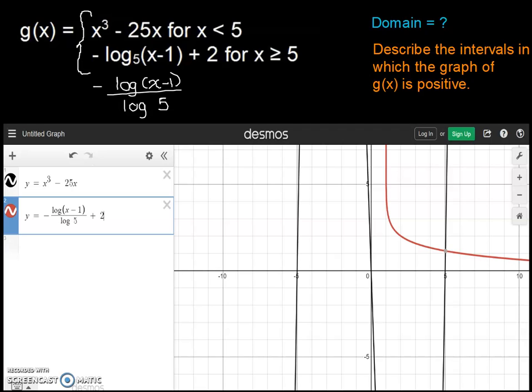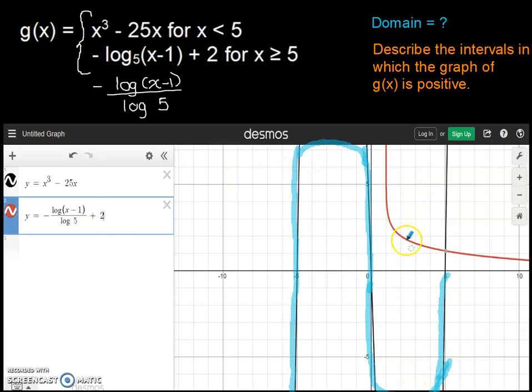And then notice in the first part of the question, it just asks for the domain. So first, I'm just going to note the conditions. I'm only using x to the third power minus 25x, which is in black, for x less than 5. That part of the graph, I'm trying to trace it correctly, but it goes all the way downwards and continues, there's like a loop all the way up, and I could only fit so much onto the screen, so just note that it's got a curvature going on there.